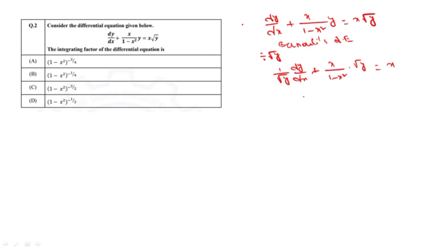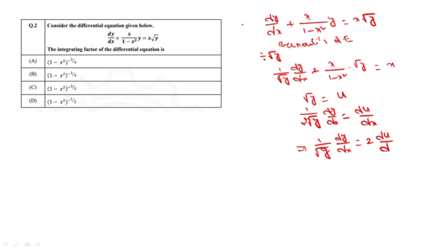Now I call root y as some u, then the derivative of this is 1 by 2 root y dy by dx as du by dx. Nothing but 1 by root y dy by dx equal to 2 times du by dx.